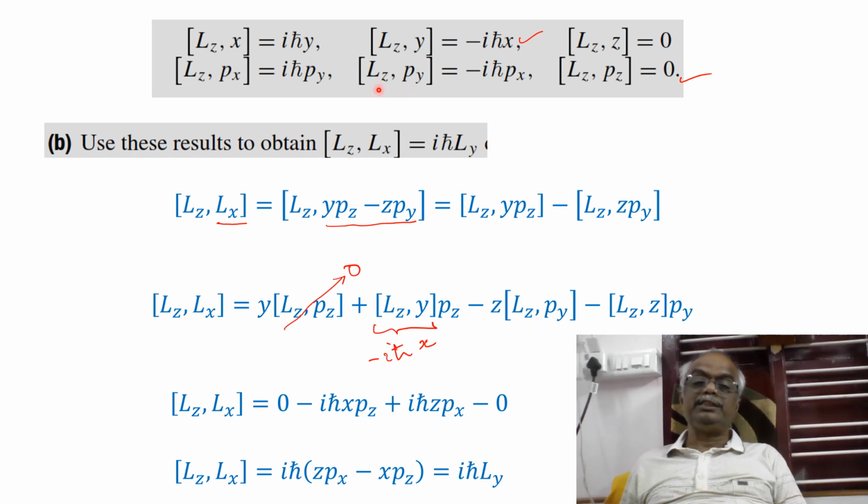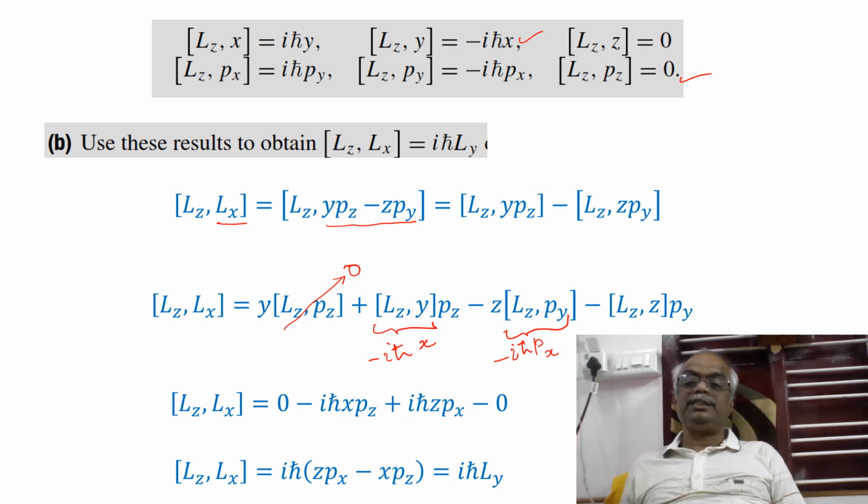Here you have [Lz, py] is minus iℏ cross px. So this is minus iℏ cross px.